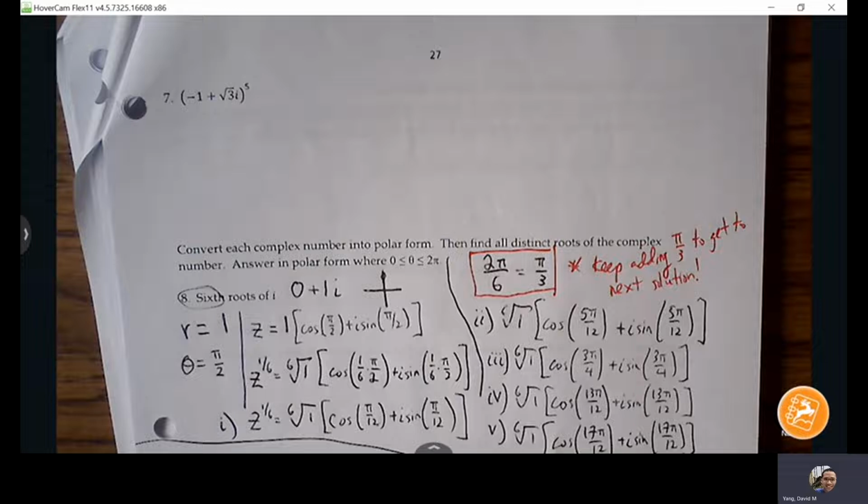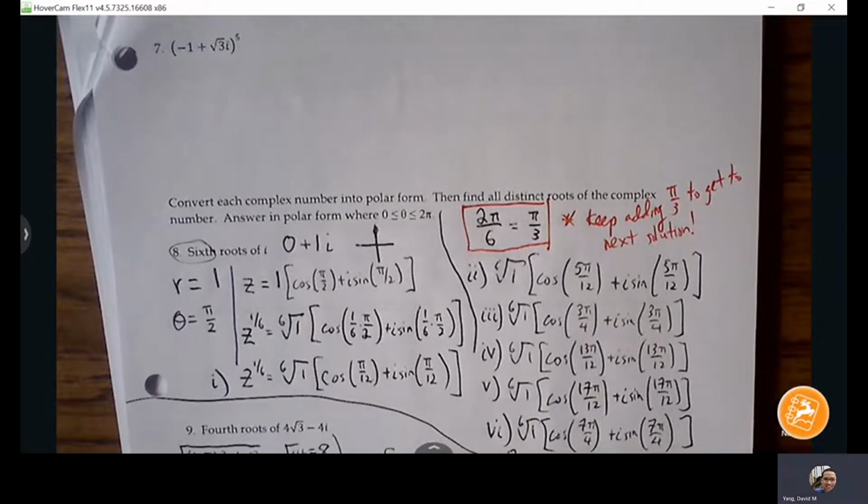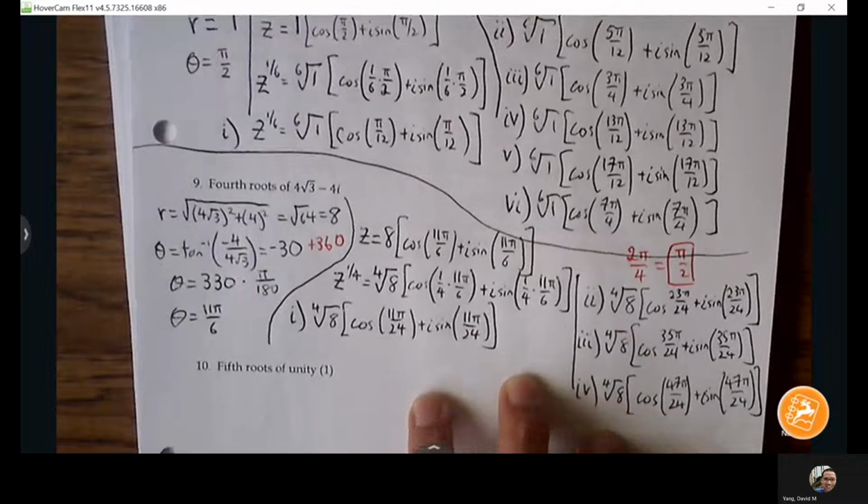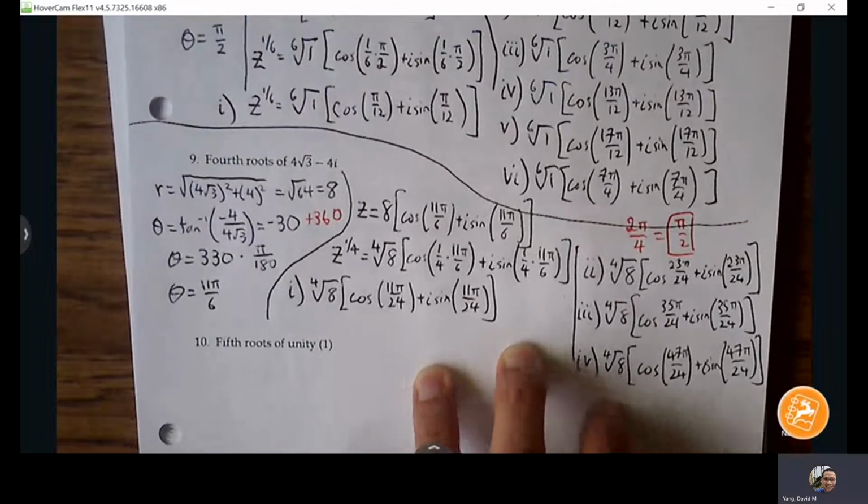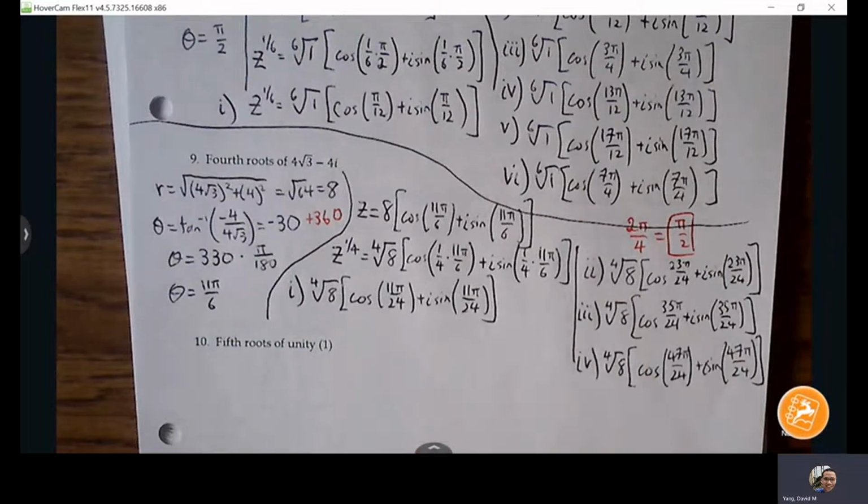Guys, if you can turn to page 27. So we worked through these problems involving roots. These are the ones that are the most involved. Let me recap the steps.